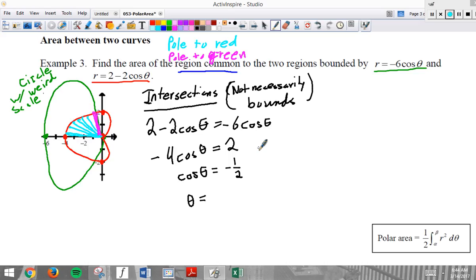Theta, you want to use positive angles usually, so we can think about it nicely. Okay? We're going to have 2 pi over 3 and 4 pi over 3. Okay. So, let's try to think about what's going on here. So, where's the blue region?